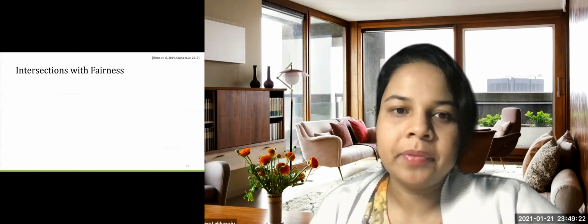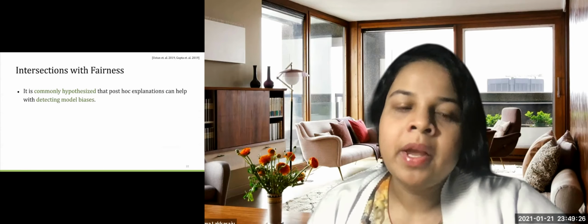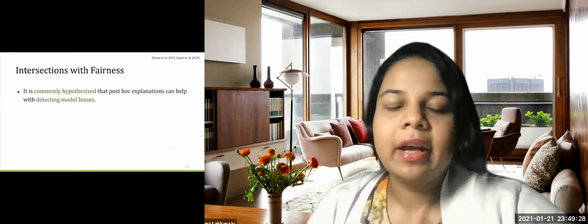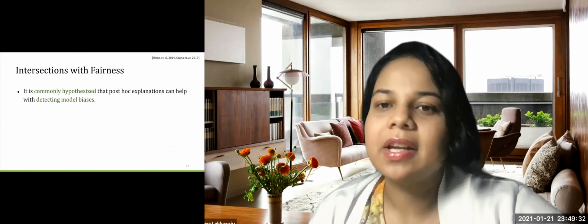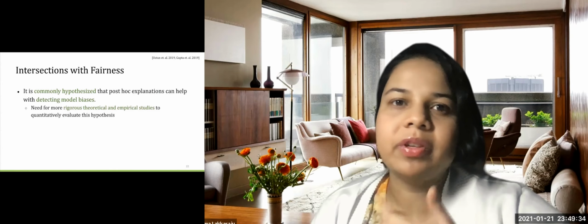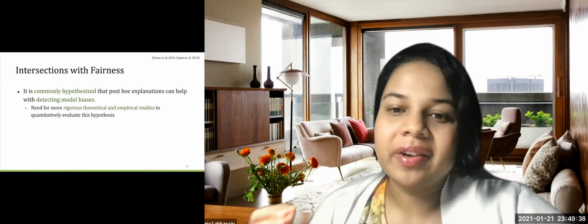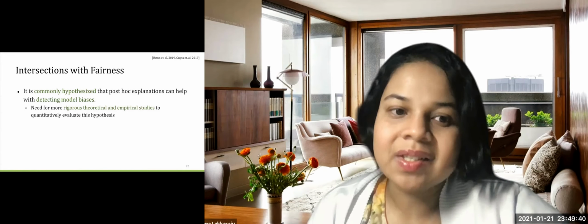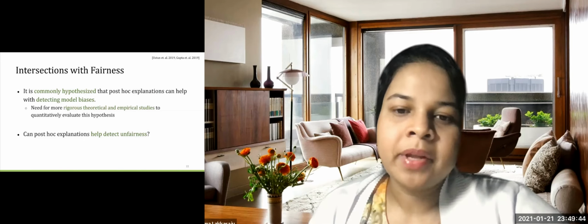In recent work. Now, there are also other works that touch upon this intersection. First of all, I'm pretty sure several of you have seen that it is a common hypothesis that post hoc explanations can help with detecting model biases. Of course, there needs to be a lot more rigorous theoretical and empirical analysis to evaluate this hypothesis, to prove it wrong or right.